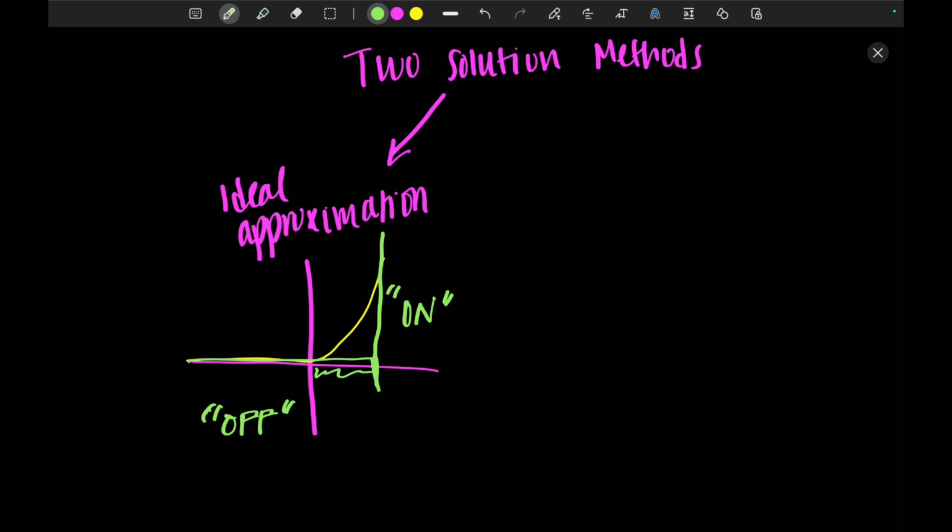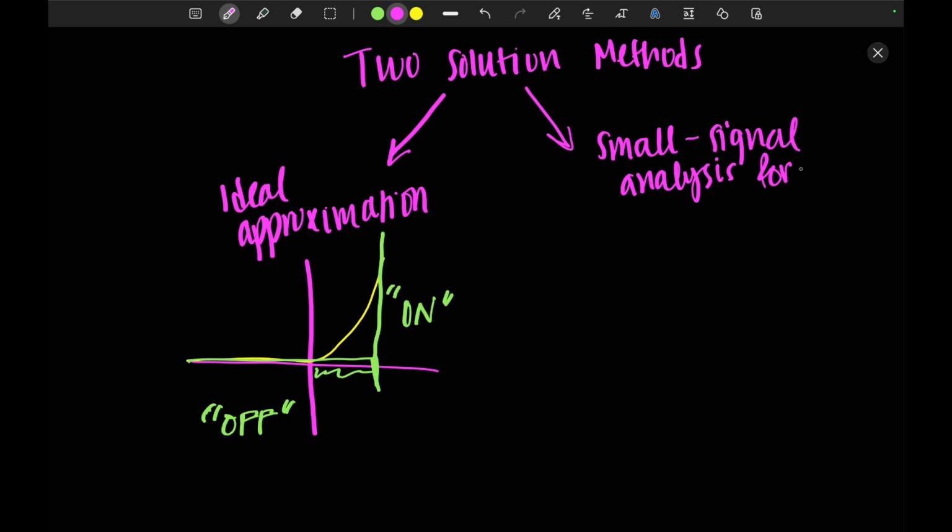Another way you could solve this is doing small signal analysis, so for AC voltages. So what you do here is that you have your graph.